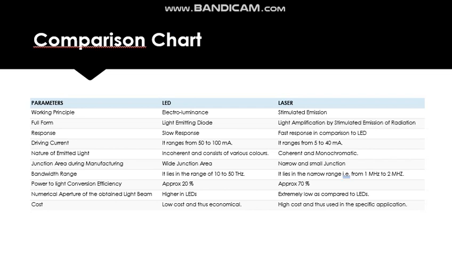Driving current: LED ranges from 50 to 100 mA, laser ranges from 5 to 40 mA. Nature of emitted light: LED is incoherent and consists of various colors, laser is coherent and monochromatic. Junction area during manufacturing: LED has a wide junction area, laser has a narrow and small junction.